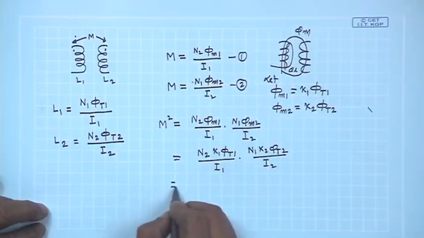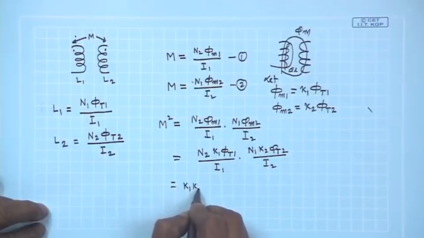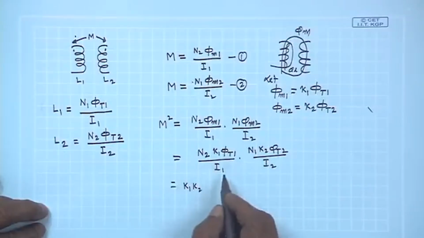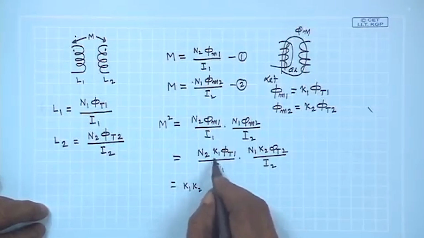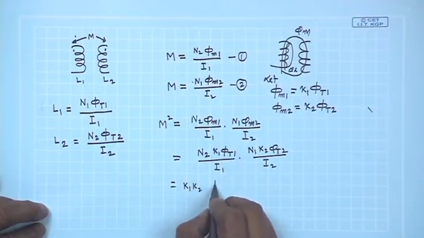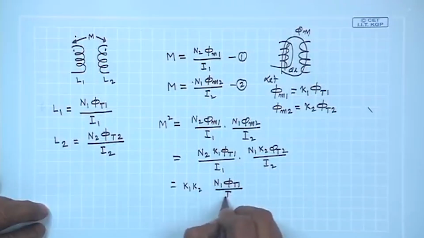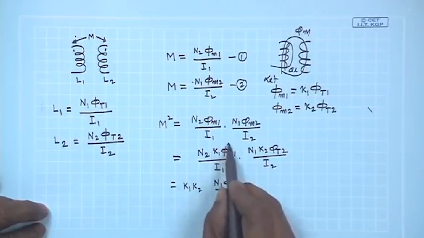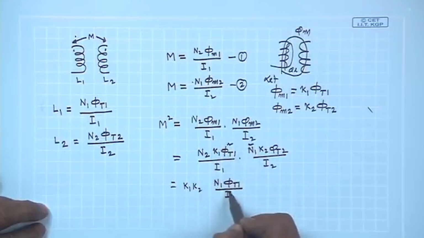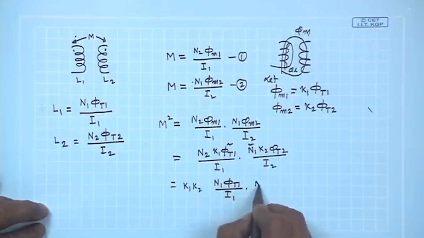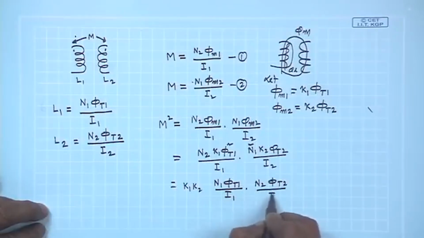Then you write it this way: take K1 K2, and these terms can be arranged such that you take phi T1 N1 together, and then N2 phi T2 by I2.